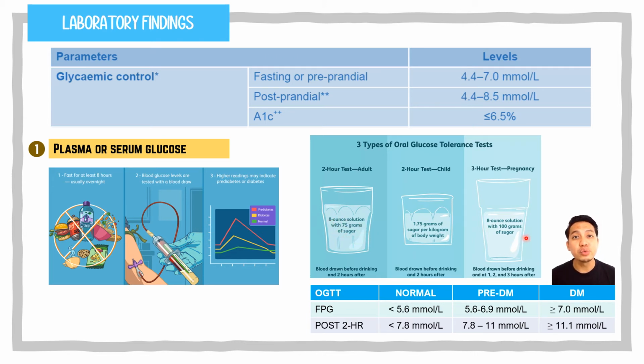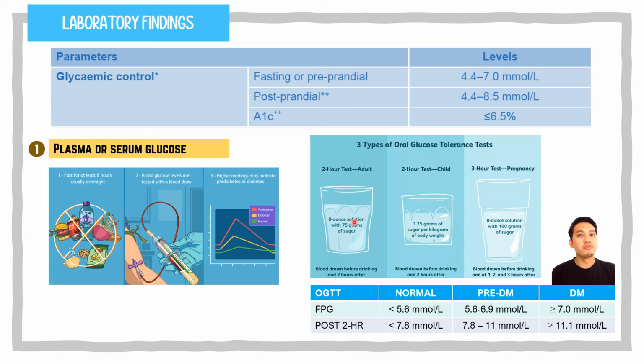Pregnant women are given 100 grams in 300 milliliters of water, and children are given 1.75 grams of glucose per kilogram of ideal body weight. The glucose should be consumed within 5 minutes.